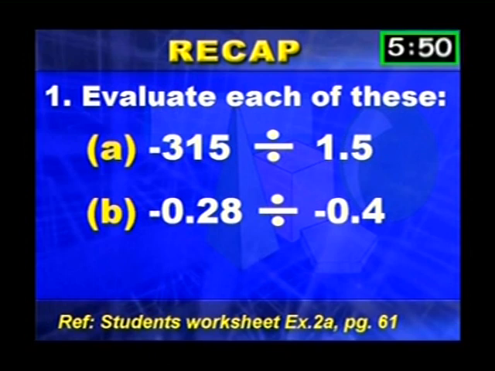A, negative 315 divided by 1.5. B, negative 0.28 divided by negative 0.4. You are given 5 minutes to complete those 2 exercises quickly in your own group.